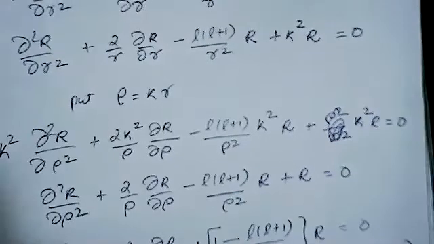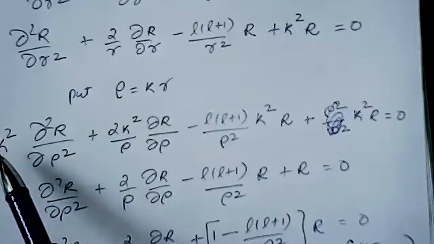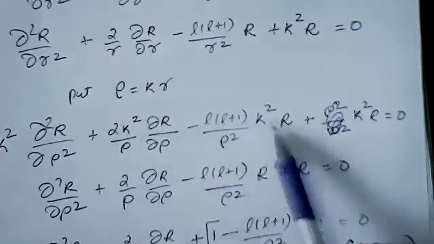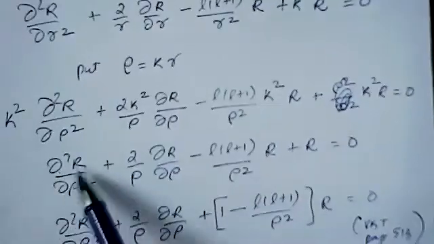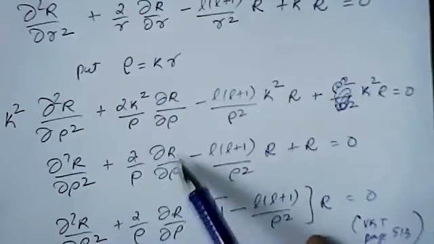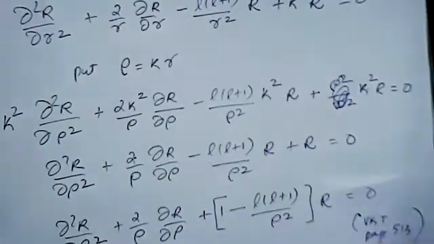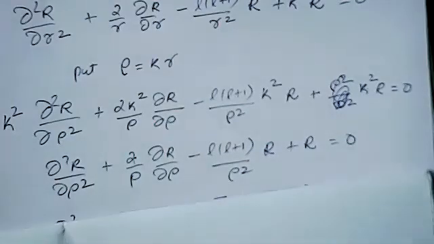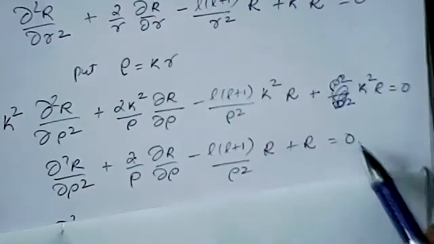Now divide throughout by k square. K square is present in all the terms. All k square cancels. What remains is ∂²R/∂rho² plus 2 by rho ∂R/∂rho minus L(L+1) by rho square into capital R plus R equal to 0.